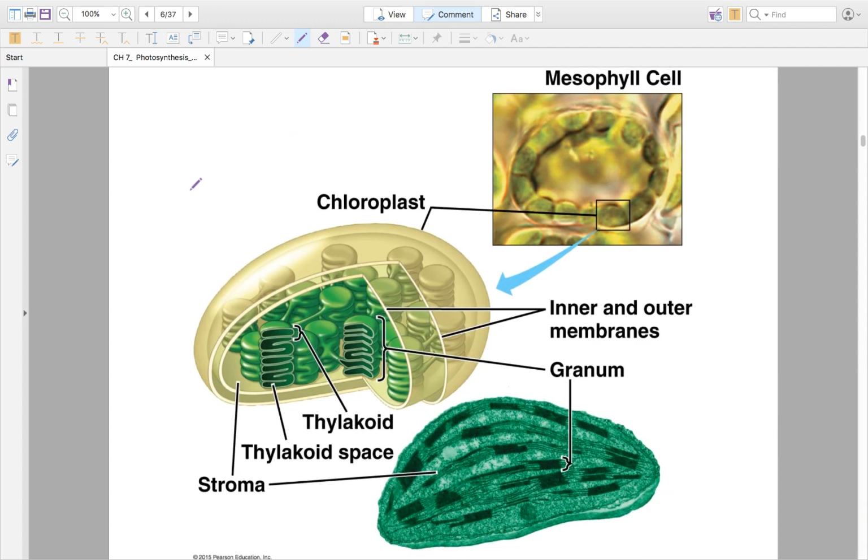All right, the chloroplast. The anatomy of the chloroplast is incredibly significant. Now, there are only 3 organelles that have a double membrane, and the chloroplast is one of them. What's another one? Do you guys remember from maybe your cell chapter?